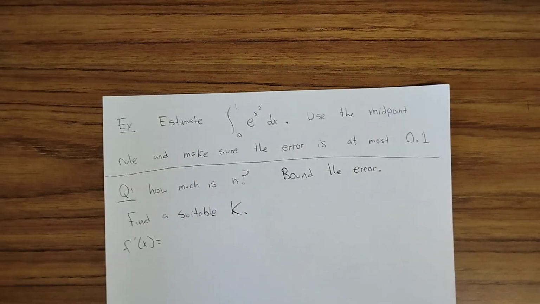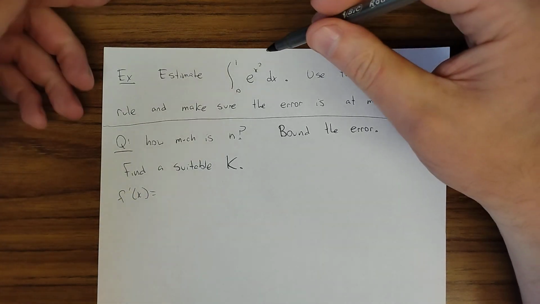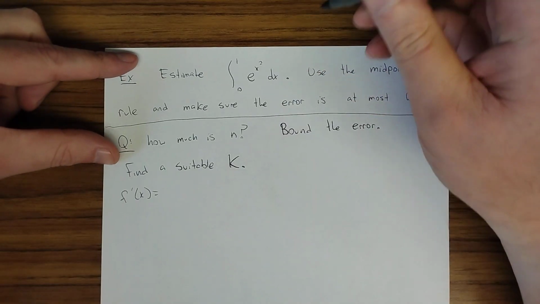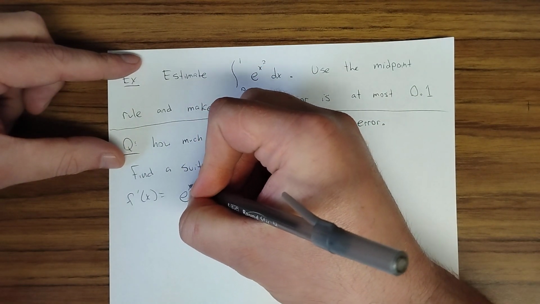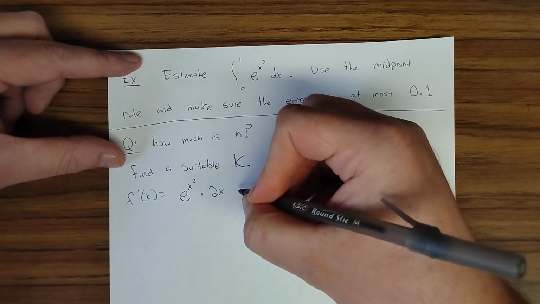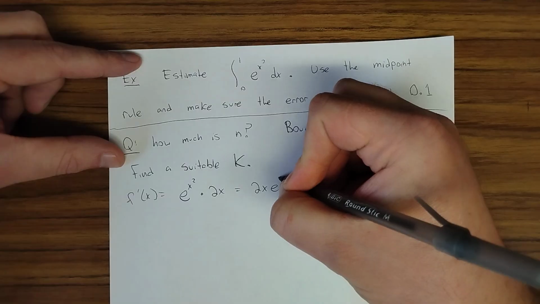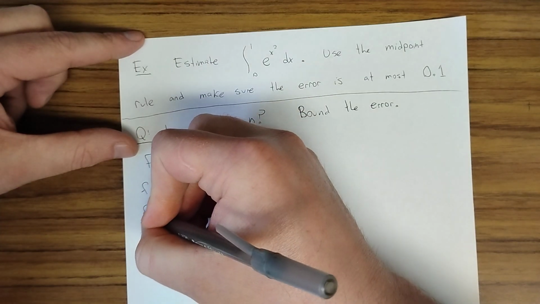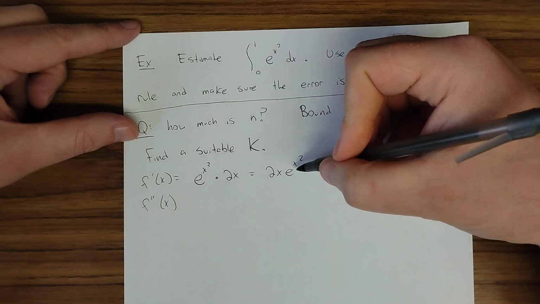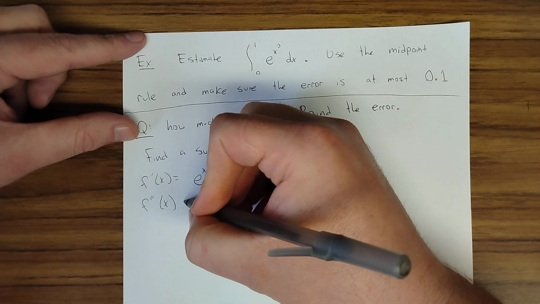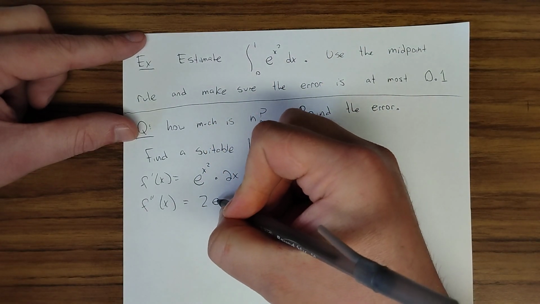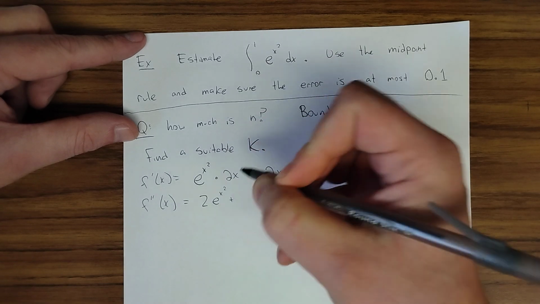Let's find f double prime. So, f of x is this. To do f prime, I'm doing the chain rule. So the derivative of e to the x squared is e to the x squared, and then I multiply by the derivative of the inside. Great. But what I wanted was the second derivative. So now I have to do the product rule. The derivative of 2x is just 2, and then I'll leave the other part alone.